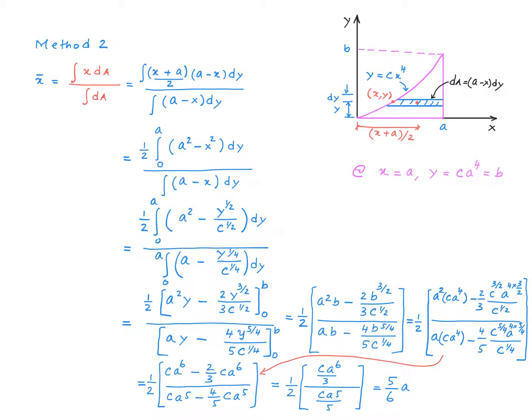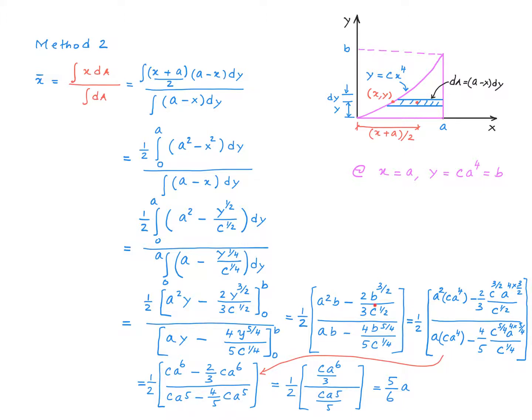One thing I want to point out is that when I went from this step to this step, I expressed b as a function of a. Now remember, for every point on this curve, the x and y are related by this function, right? So that should be true even for this final point, where x is a, y is b, right? So if I substitute those values in this expression, we get this relationship between a and b.